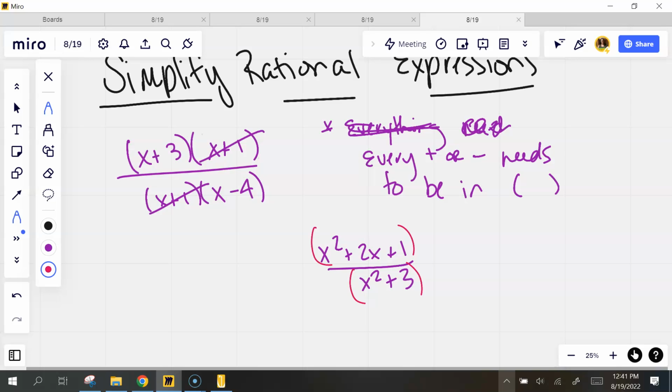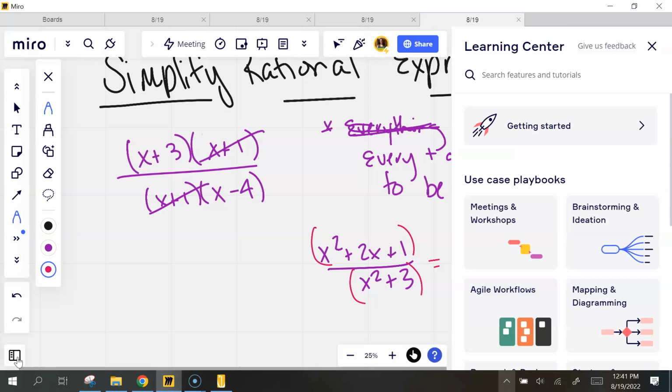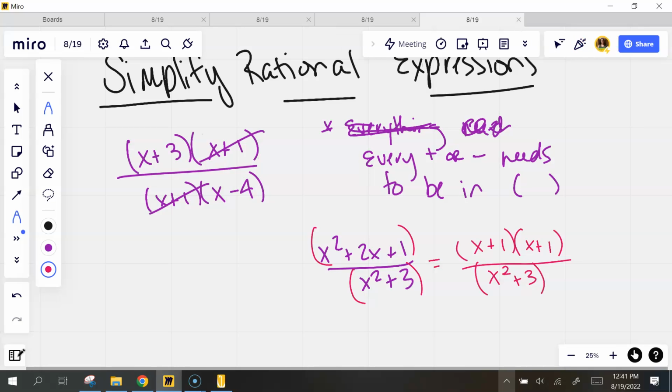Does the x squared factor? Oh, yeah, you can. What multiplies to 1 but adds to 2? 1 and 1. It's a perfect square trinomial, right? But you can't factor the bottom. So what cancels? Nothing, right. So we're going to look at one where something does cancel.